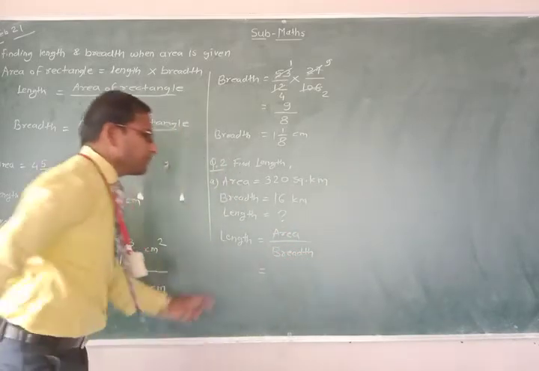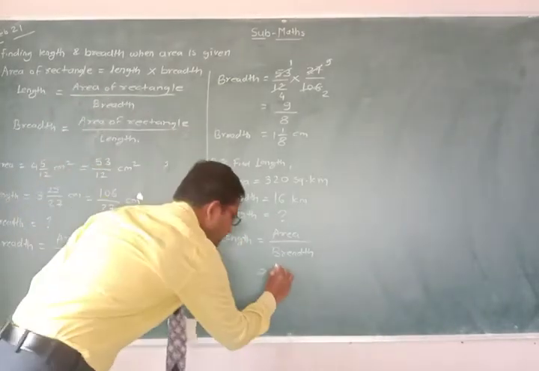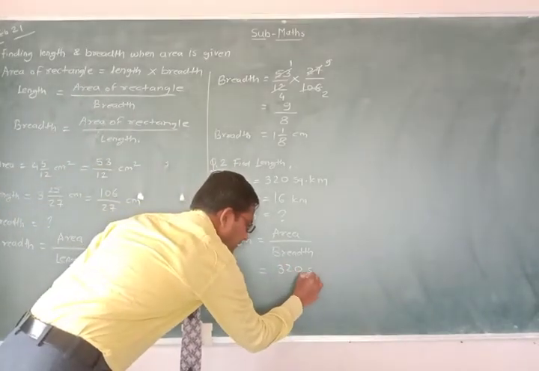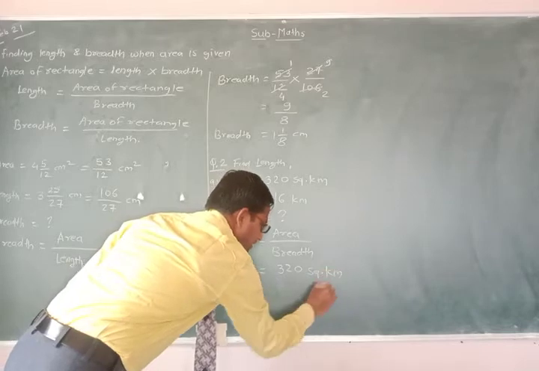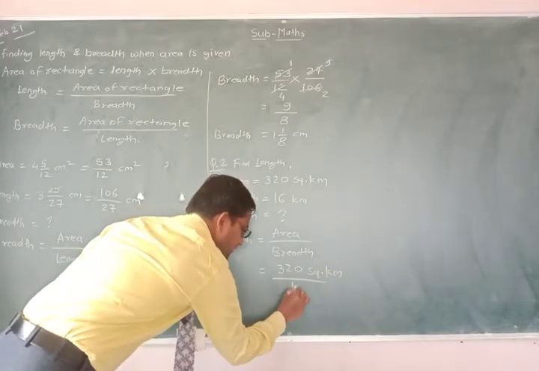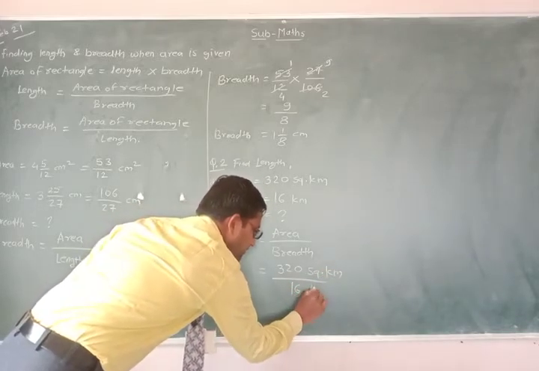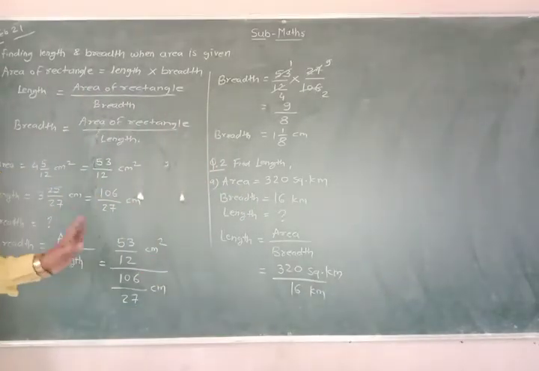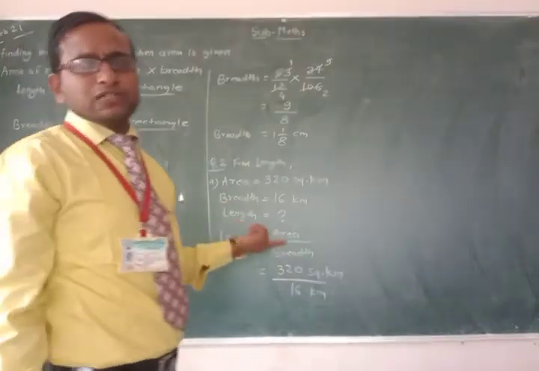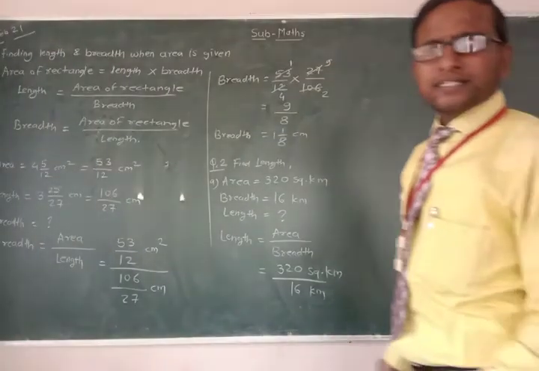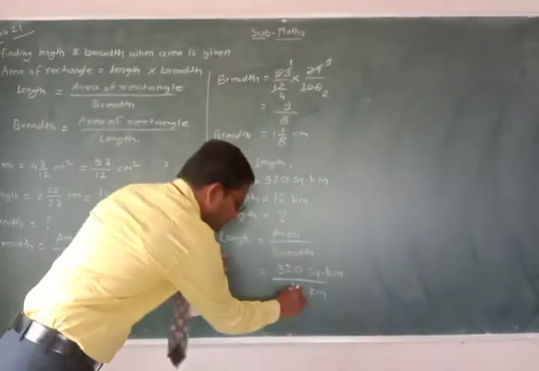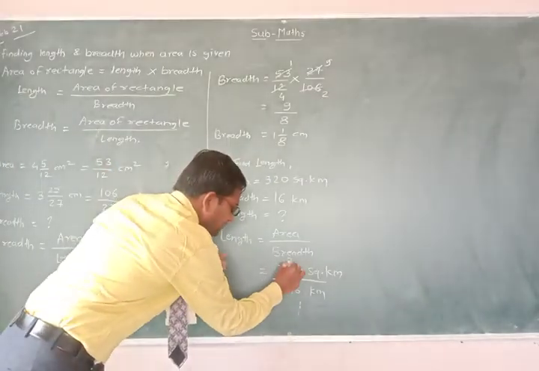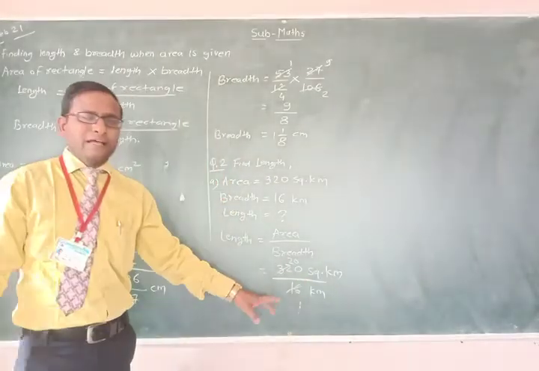Then substitute the value. Area is 320 square kilometer divided by 16 kilometer. In the 16 table, you know the 16 table everyone. 16 twos are 32, 16 ones are 16, 16 twos are 32, 0 write down as it is.